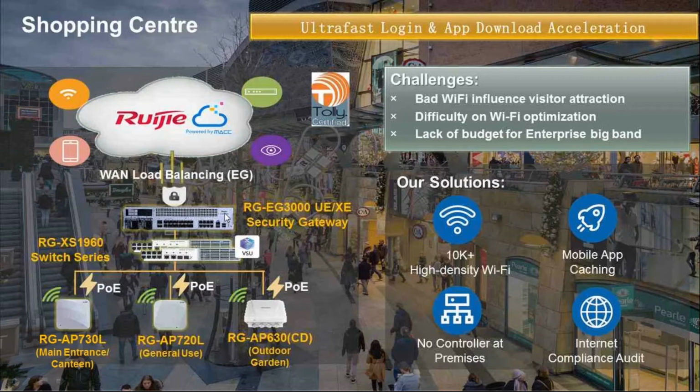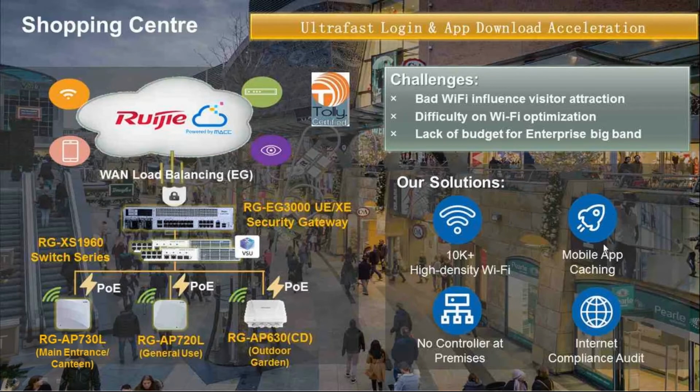Why we want to do this is that when users connect to the Wi-Fi, they need to go to the internet to download the mobile application. But that will congest your internet line here.